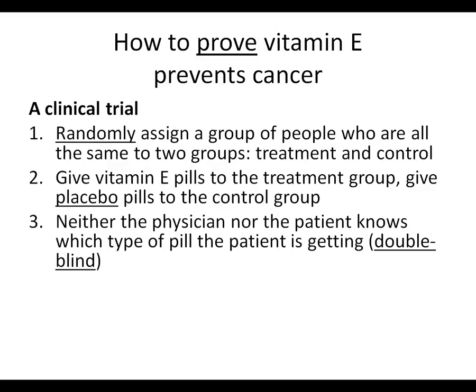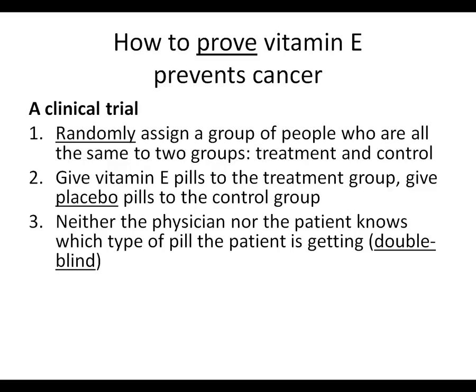Now, when you are doing a clinical trial, it's really important that the patient not know what type of pill they're getting, because there's this phenomenon called the placebo effect, where if the patient knows that they are getting the treatment, they will influence the outcome in some ways.